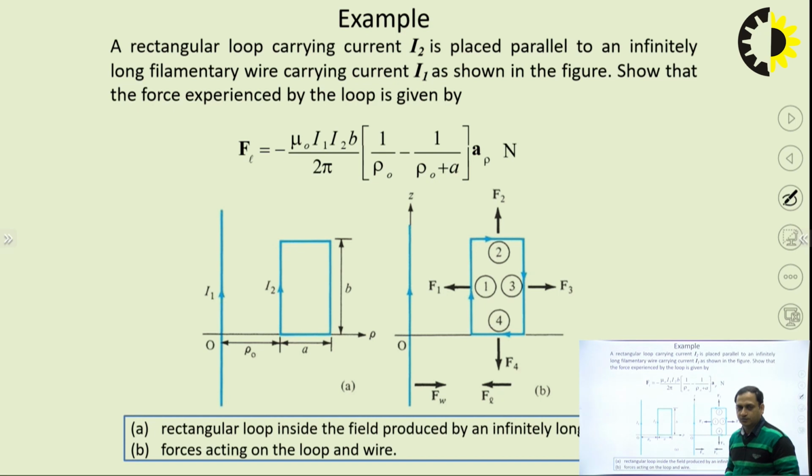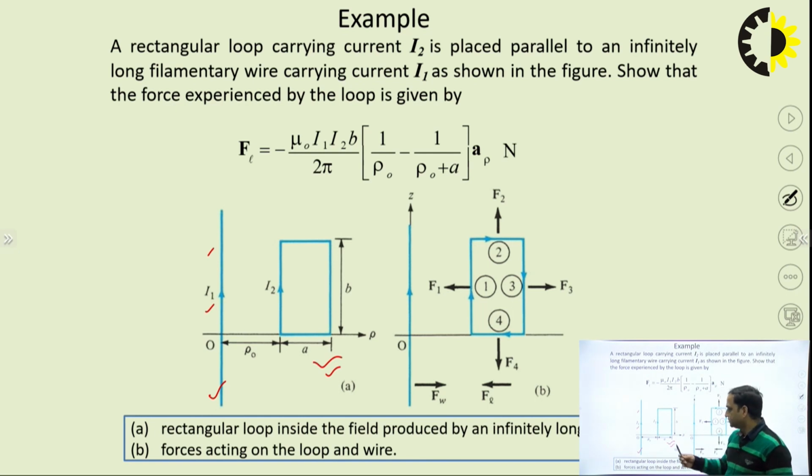This is one of the numericals which you can go through, where the scenario is that we have one current conductor, and we have loop 2. We want to find the force onto loop 2 due to the current element. It means the magnetic field will be generated by this current element I1.